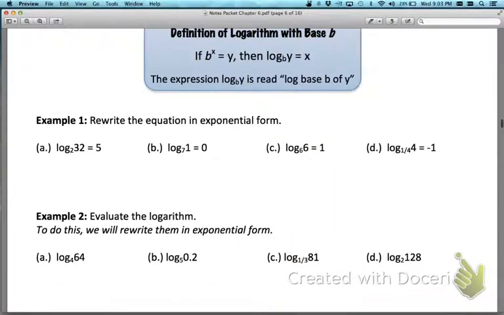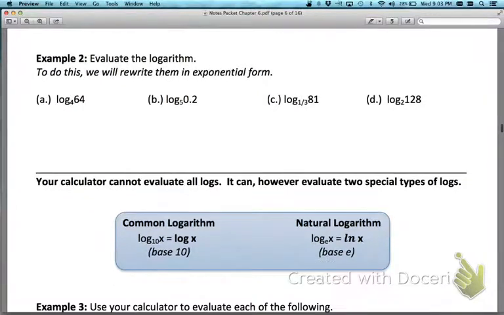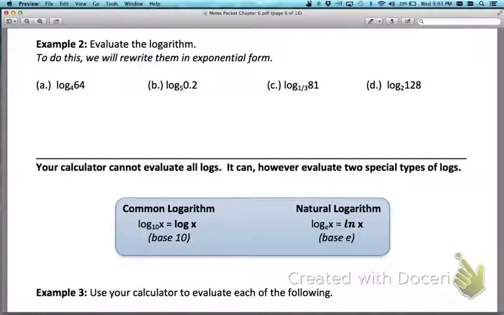Now, we use this idea to evaluate logarithms to figure out what they're equal to when they work out nicely. So, for example, in part A, the log base 4 of 64. That question is saying 4 to the what power equals 64? If we rewrite it in exponential form, that's the question it's asking. 4 would be the base.